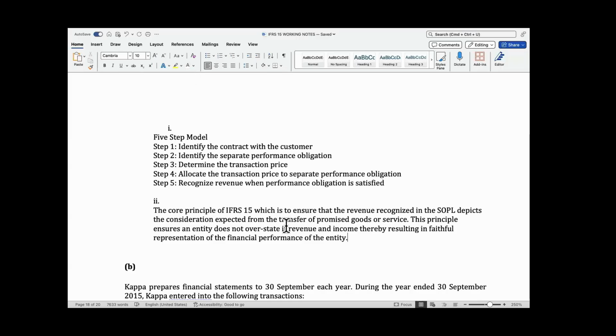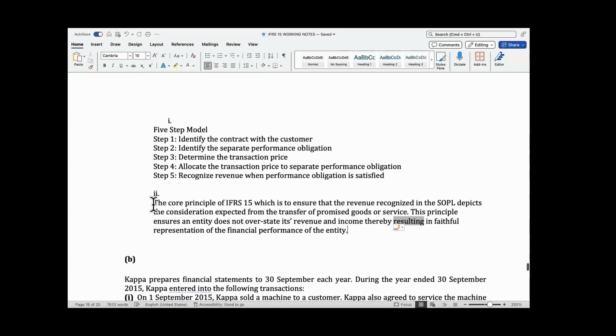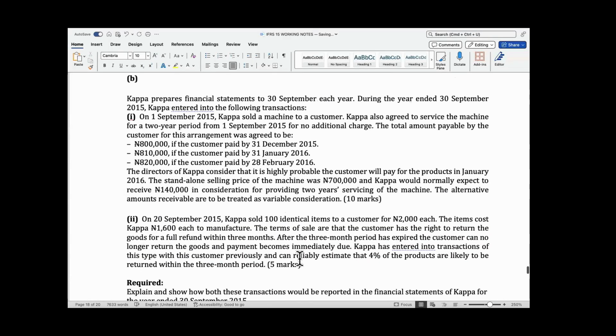An entity would never overstate its revenue and income. You would faithfully represent your financial performance because you only recognize revenue when you have sold. So with that, it helps improve the financial performance.